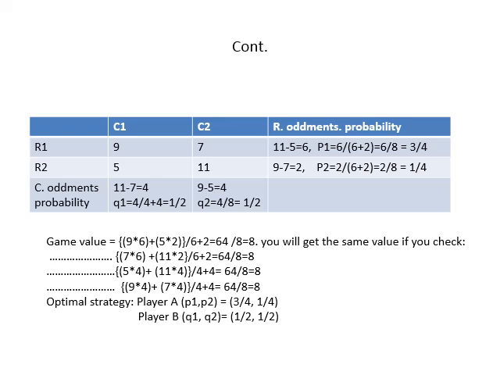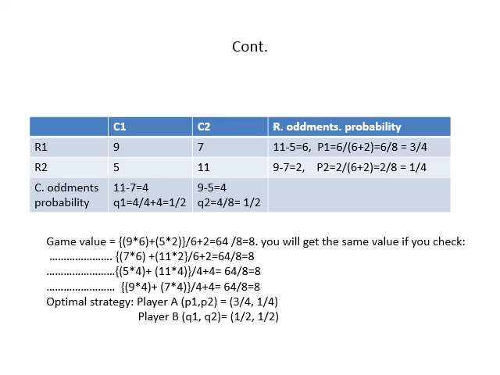Now let's move to our optimal strategy. For player A, the strategy is P1, P2. Returning back, we found P1 equals 3 over 4 and P2 equals 1 quarter.